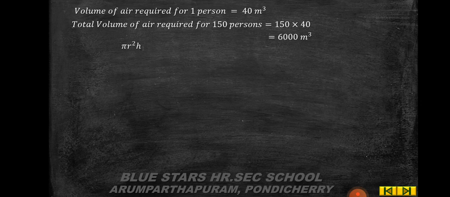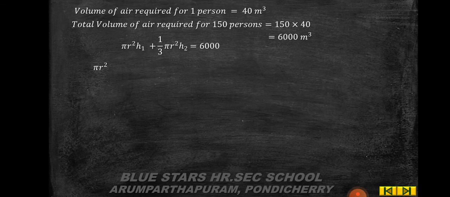So volume of air required for one person is equal to 40 meter cube. Total volume of air required for 150 person, which is equal to 150 into 40, which is equal to 6000 meter cube. So pi r square H1 plus 1/3 pi r square H2 is equal to 6000.